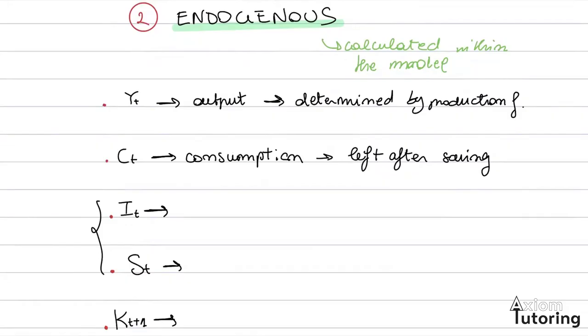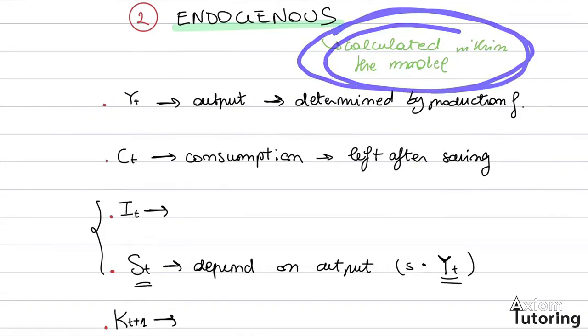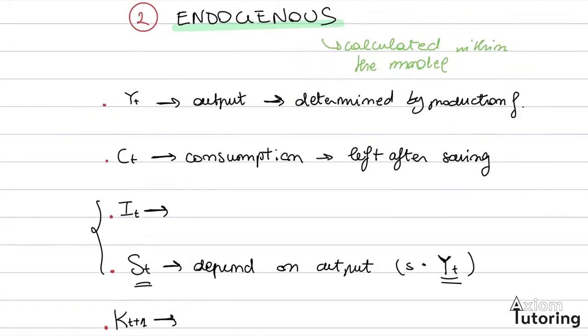Specifically, savings do depend on output. Again, we know that we have an exogenous saving rate, s, which is going to be multiplied by the endogenous level of output, which is why savings becomes endogenous, because it's going to be calculated within our model. And hence, since we are in a closed economy with no international trade, savings is going to equal investment.